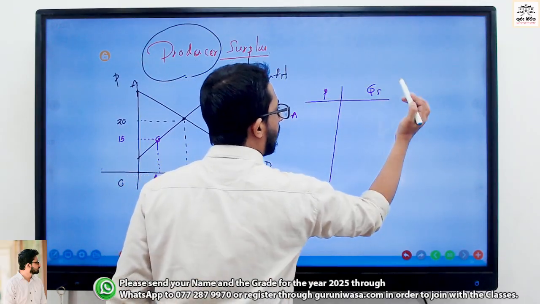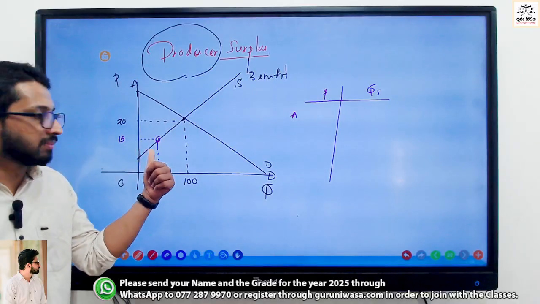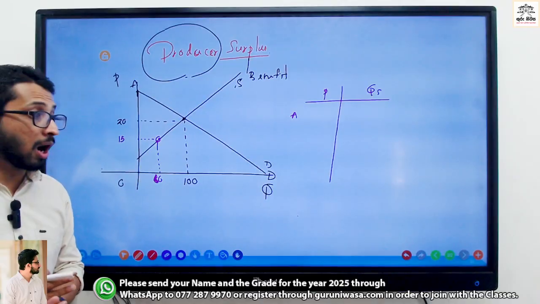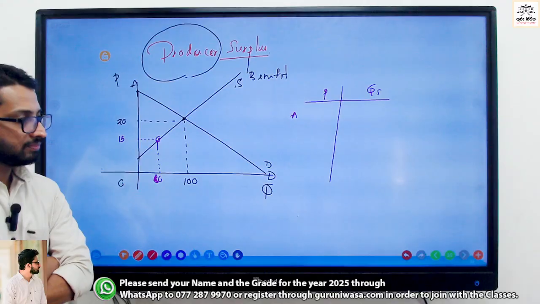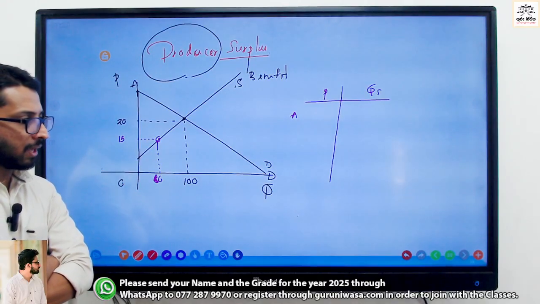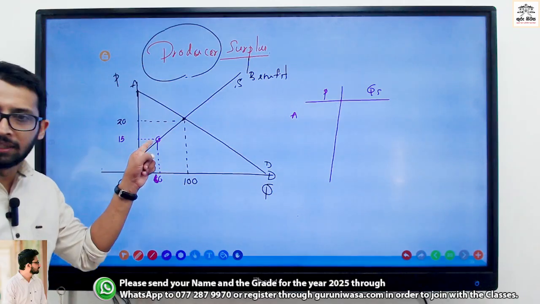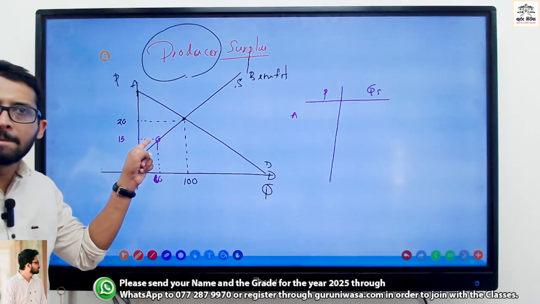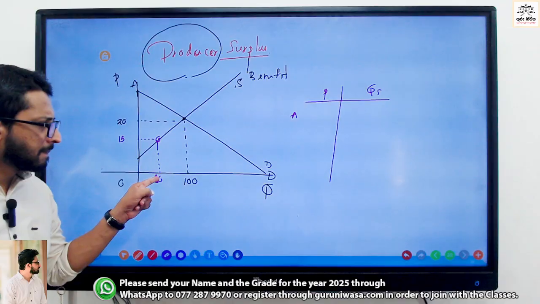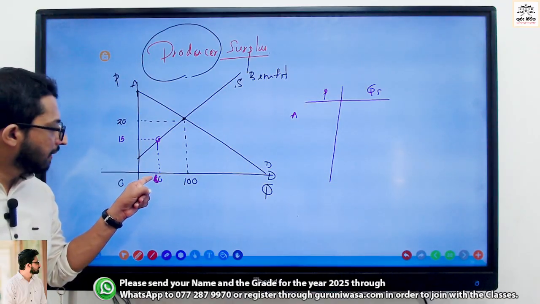My question: what does this point indicate? The point on the supply curve, how do we explain it?